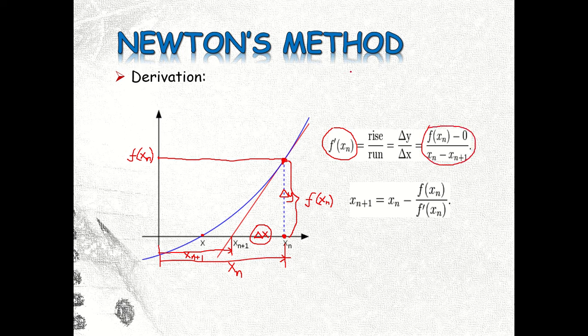So in other words, you can equate f prime of x sub n equal to f of x sub n divided by x sub n minus x sub n plus 1.